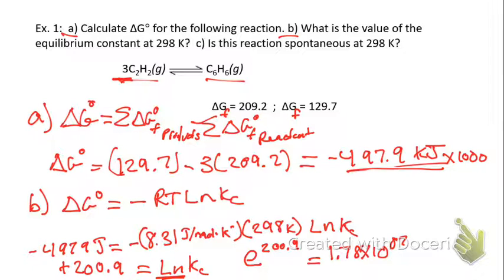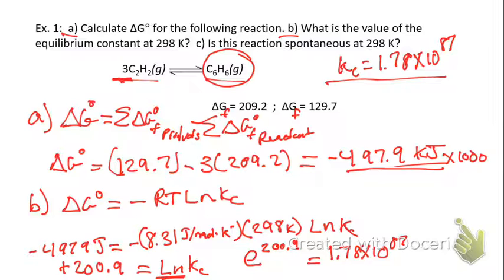All right, so what we're saying here is that the Kc value for this reaction should be 1.78 times 10 to the 87. Really large K value. This really tells us that the reaction predominates with the products at equilibrium, and the forward direction is definitely favorable.